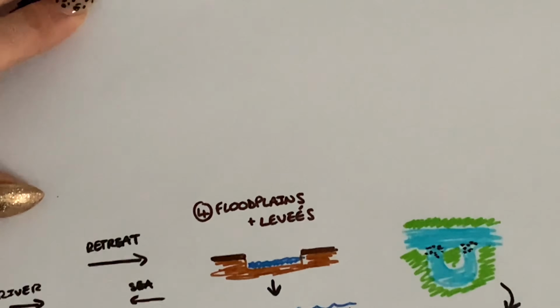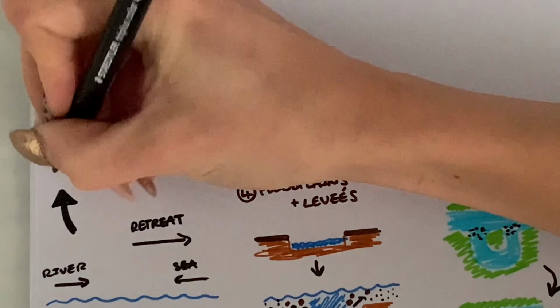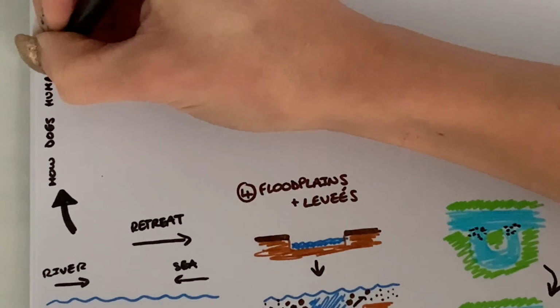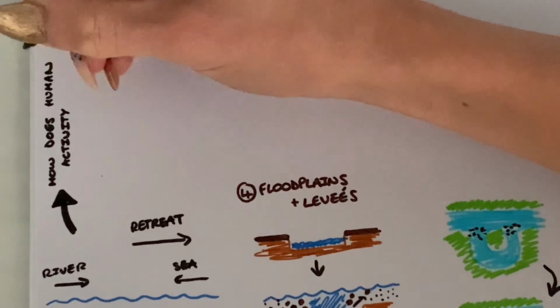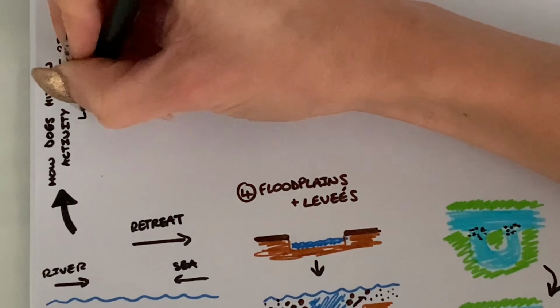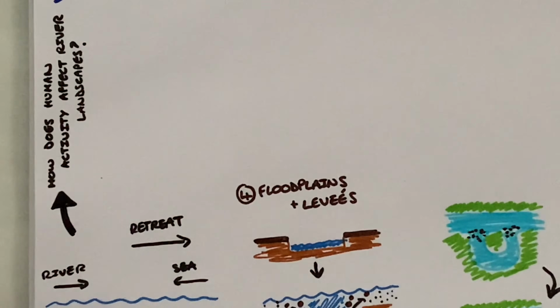So if we now take a moment to think about how human activity can affect river landscapes. And when I'm talking about human activities, I'm talking about buildings, farming, logging, industry, having a significant impact on river landscapes. So again, we're just going to bullet point a few of these down. Now, agriculture, such as farming, can influence rivers and river landscapes in a number of ways.